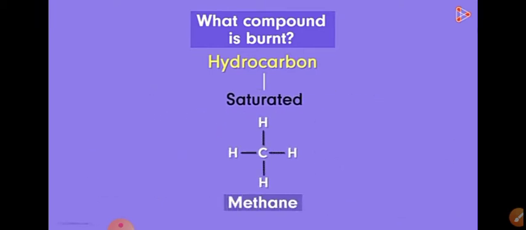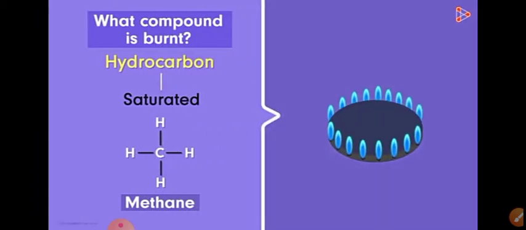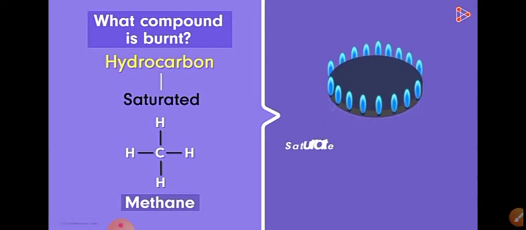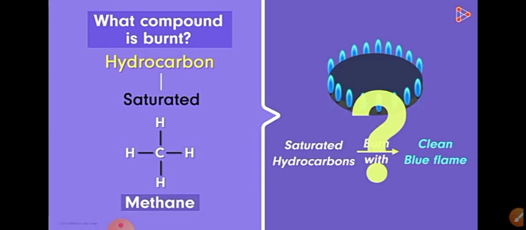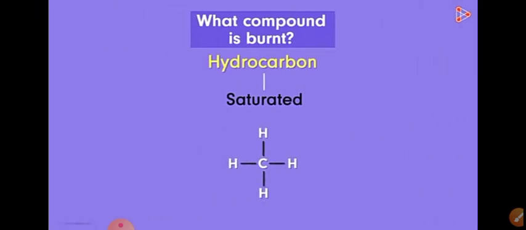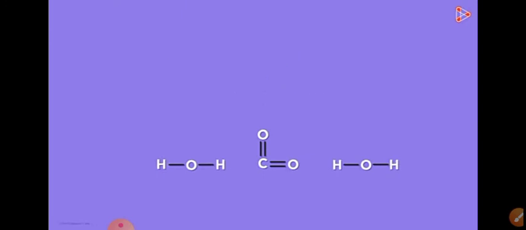All these things we have seen. Single bond is of methane and it gives us light, or we can say heat. So saturated hydrocarbons burn with a clean blue flame, because it has a single bond.